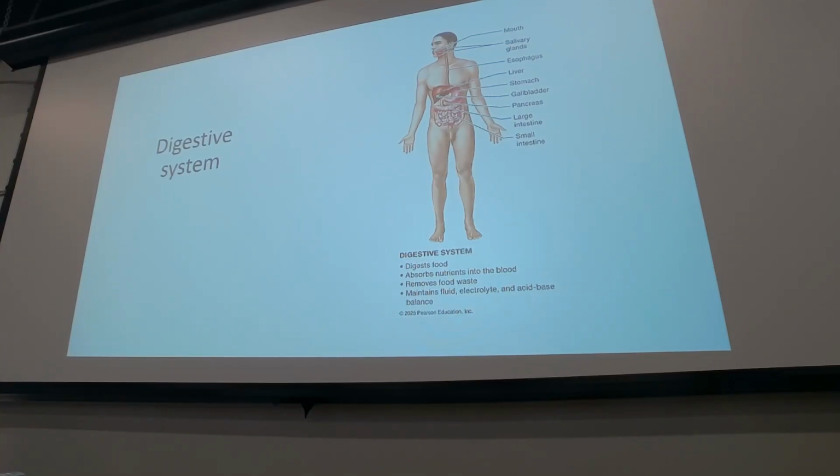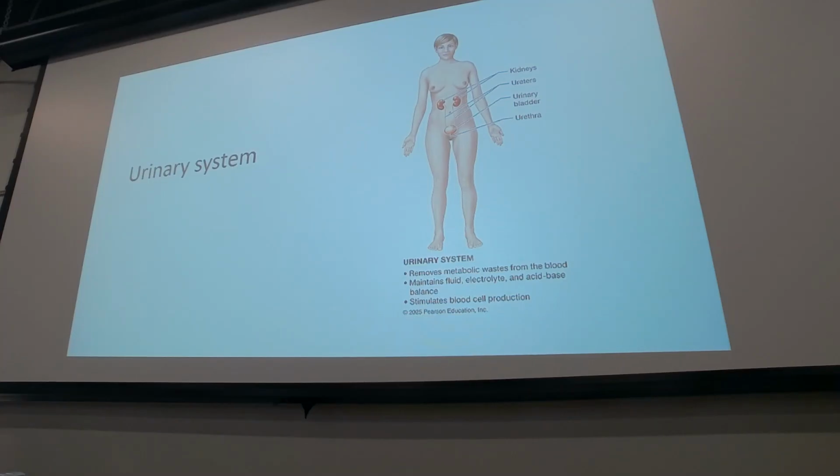So starting from cardiovascular system and onwards, basically that's what we will study in AMP2. Urinary system consists of the kidneys, ureters, urethra, the urinary bladder, and function is to remove metabolic wastes from the blood.